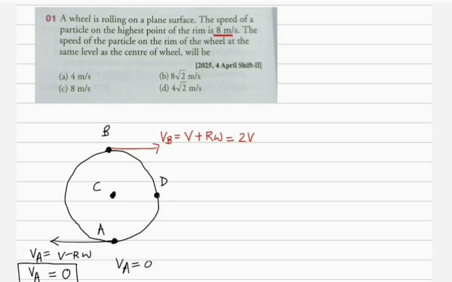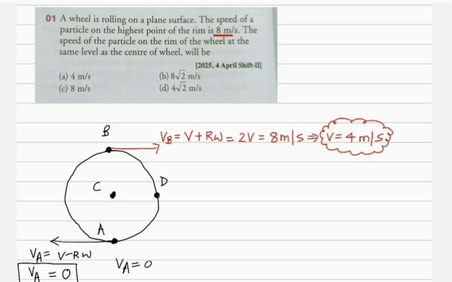The speed of the particle on the highest point of the rim is 8 meter per second. So 2V is equal to 8 meter per second. So the value of V will be 4 meter per second. 2V is equal to 8, so V gives you 4, obviously. So the value of V is equal to 4 meter per second. Is this the requirement? No.